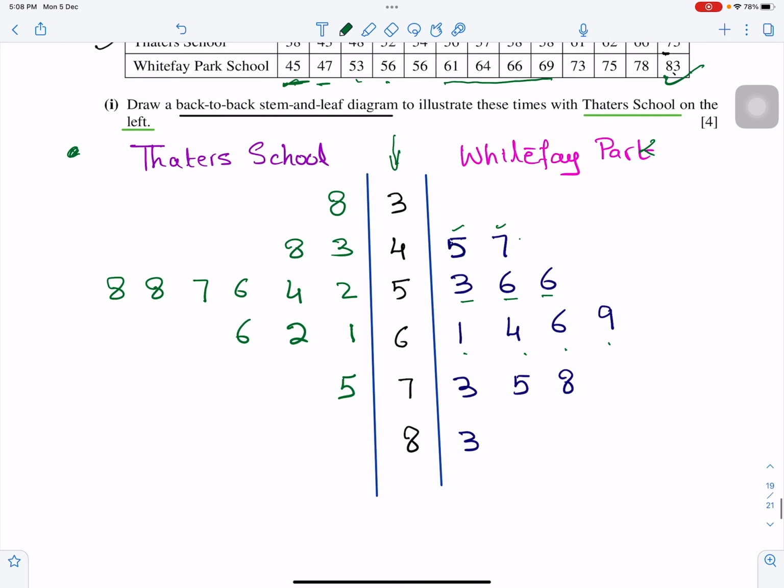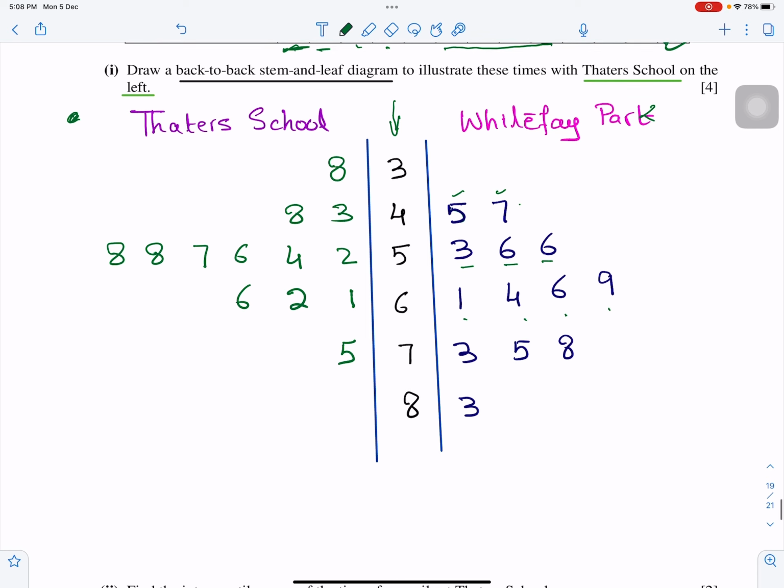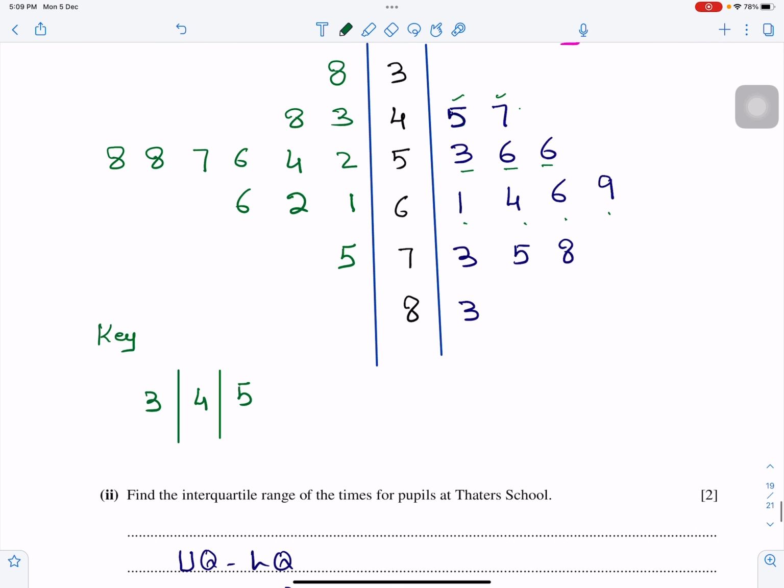And one thing which is missing, what is that? The key, how to read the data. That is a must to show here. You have to show the key exactly the way you have written there. You will write just one data value here to show how to read it. So for example, I'm writing this.